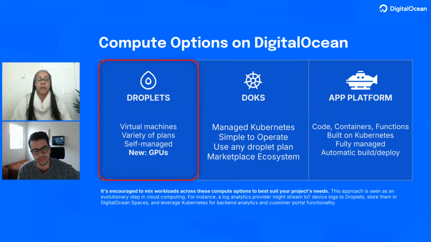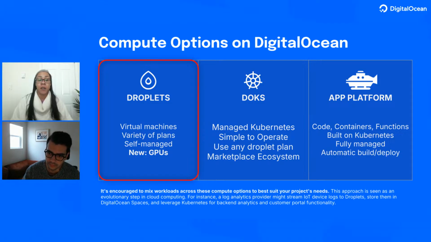Now, going just a level deeper, this is kind of the way to think about, as we get into droplets, how they fit into our overall compute options. And again, I'm sure many of you are familiar, but just a reminder, droplets are virtual machines. We have many different plans, and these are self-managed, so you can really self-service. And what's the newest thing that I think we're all very interested to learn more about, of course, are graphical processing units, or GPUs.